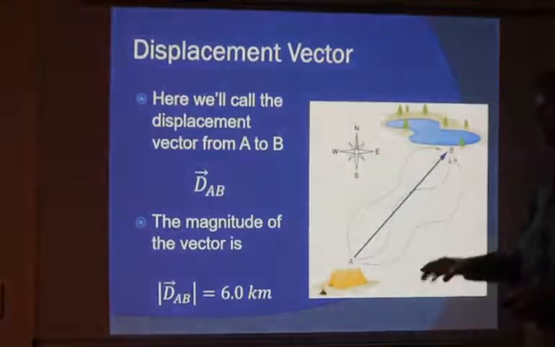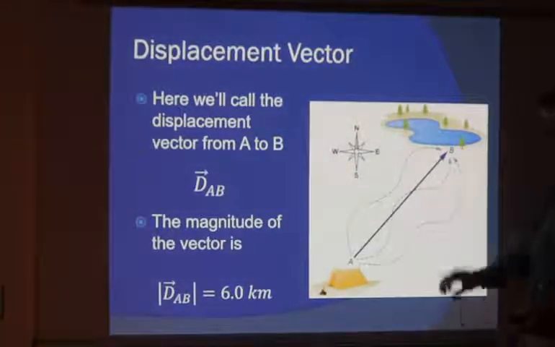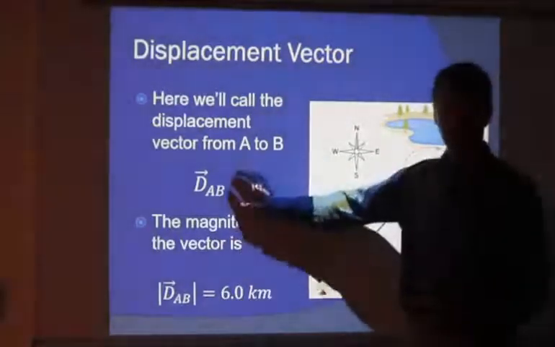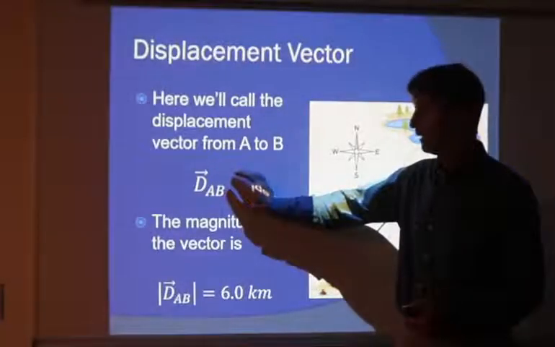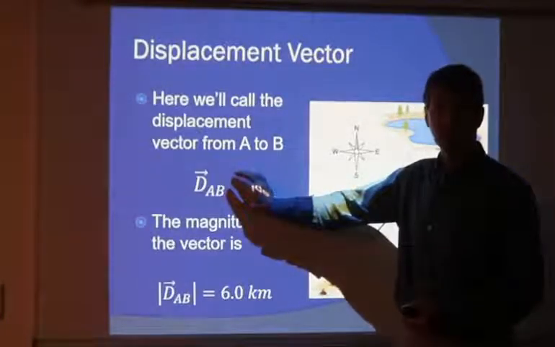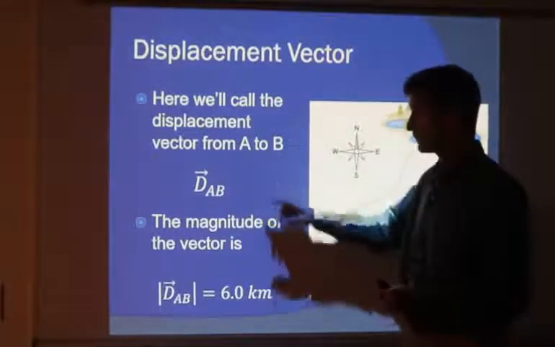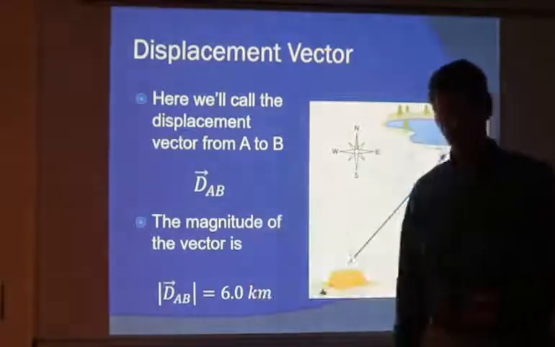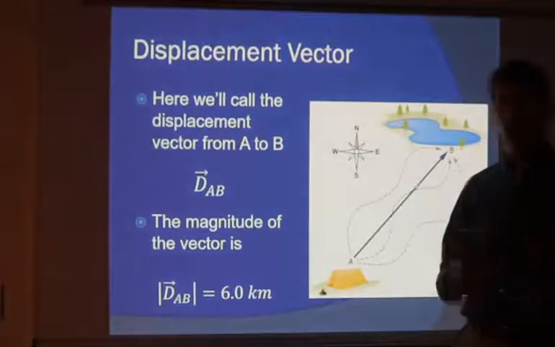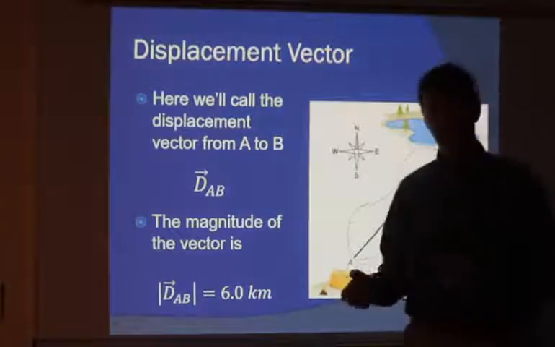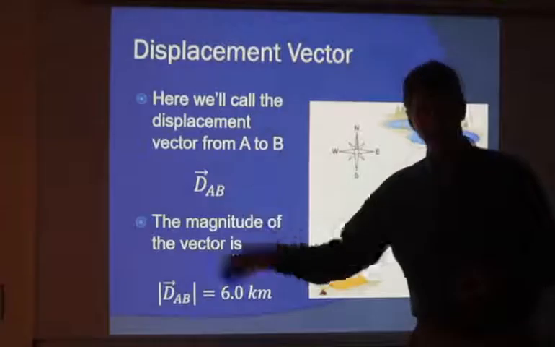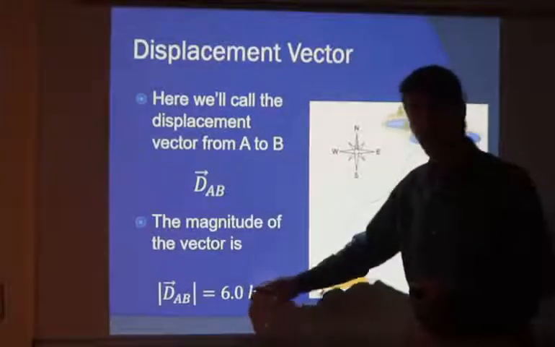Now, a vector, again, is both direction and magnitude. What direction and how much. The magnitude of the vector is the scalar form of the vector. It says, just ignore the direction for now. How much?